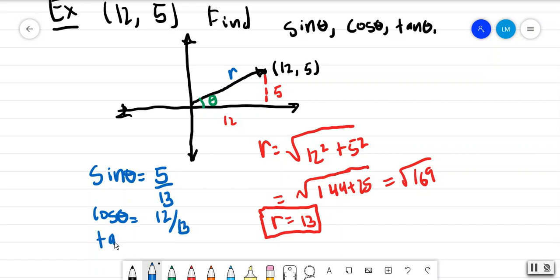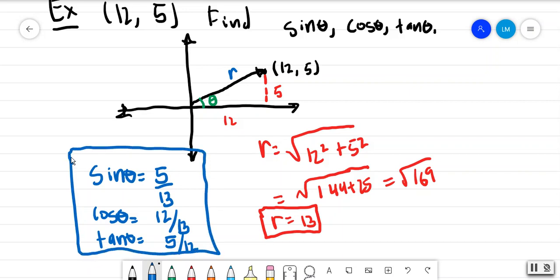Now tangent, you're going to get that one for free because it's going to be just 5/12. And then that's it. Now note that you could actually find cosecant because cosecant is just the reciprocal. So it'll be 13/5, 13/12, and then 12/5 for the cosecant, secant, and cotangent.